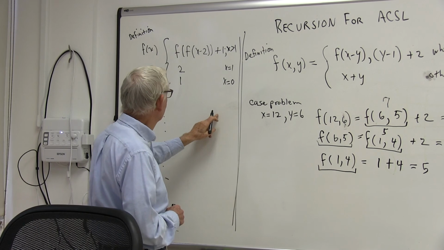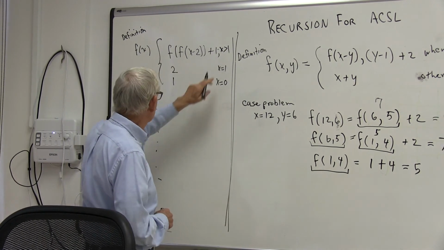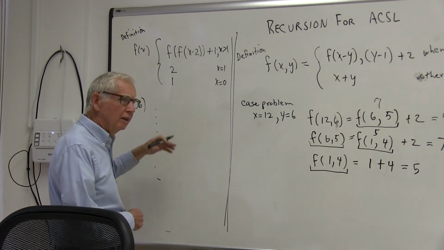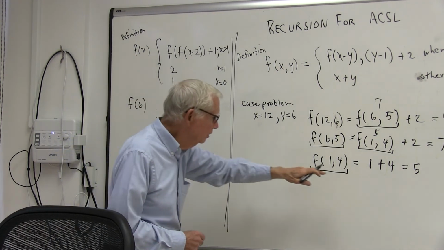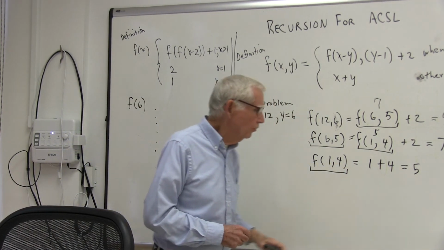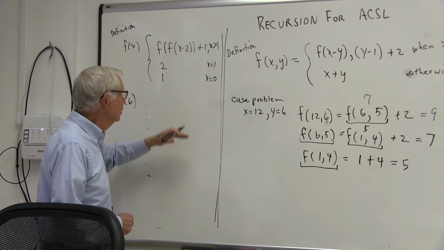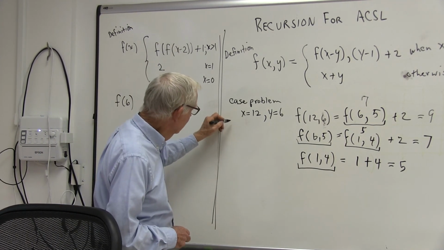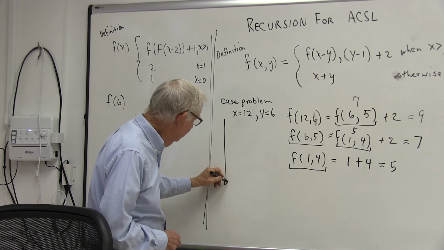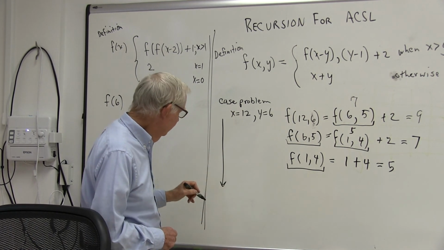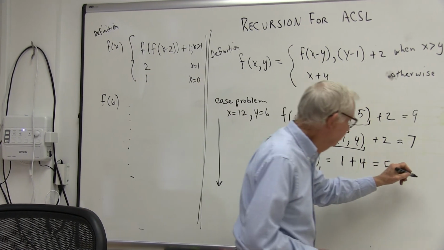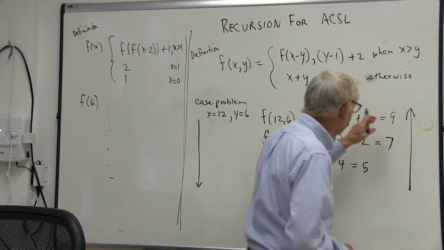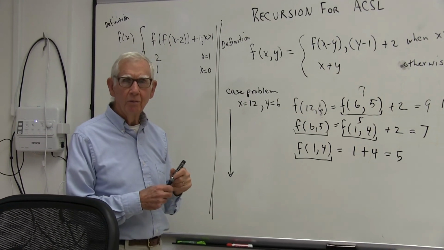I would rewrite this function in terms of this, and then I would rewrite it again and again and again until I would eventually get down to a firm answer, and then the firm answer would be fed backwards. So the way solutions go in recursion are you go down to find a constant, and then finally you come back up to get the solution to the original problem.